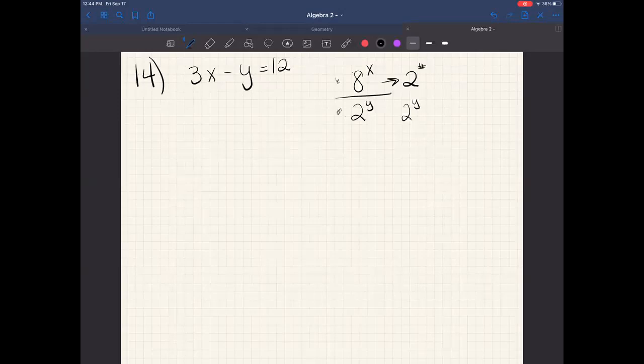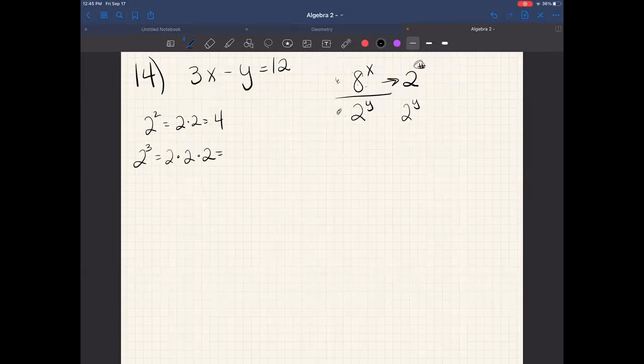Okay, so can anything be 2 with some exponent? Will it equal 8? Well, let's go through. So we have 2 squared, which is the same as 2 times 2, which is 4. 2 cubed is 2 times 2 times 2.